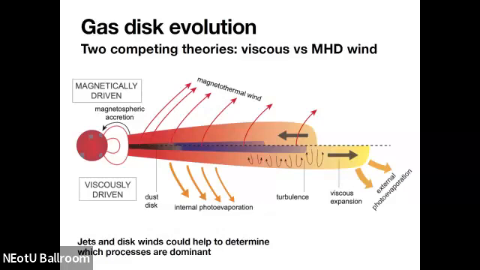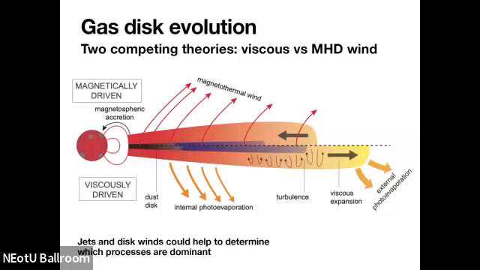Then another concept of the disk evolution is essentially the evolution of the gas rather than the dust. The problem is that the gas is a lot harder to study. We rely on various molecules that are difficult to interpret. So I don't want to go into too much detail here due to lack of time, but I do want to mention this big question on two competing theories on how the gas disk actually evolves.